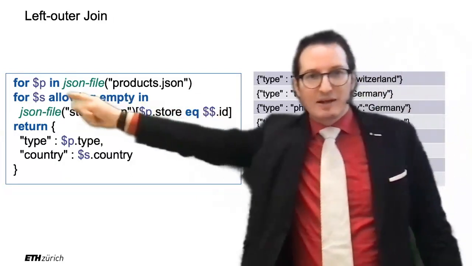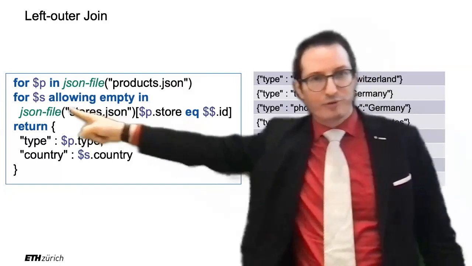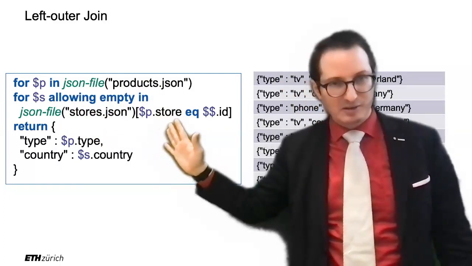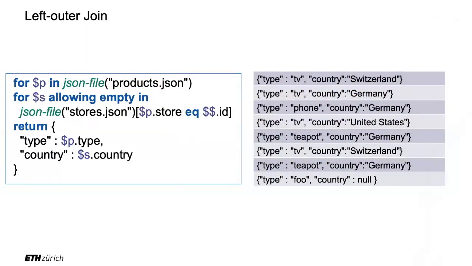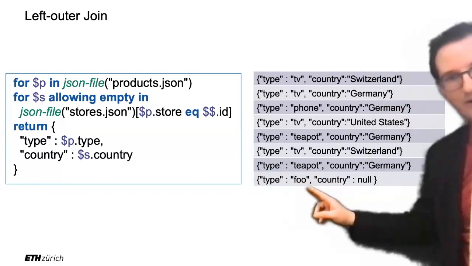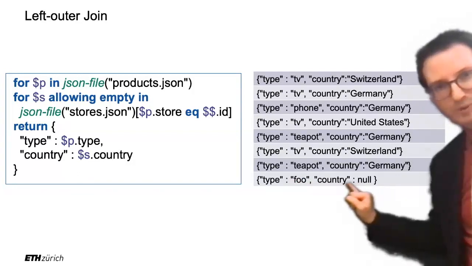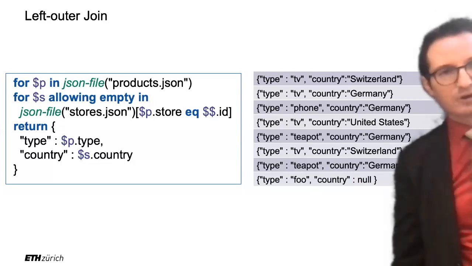So the way you do it is you add this allowing empty in here, and it's just going to create an empty value for $S instead of just skipping it as it would otherwise do. This is called a left outer join. This is how you do them in JSONiq, right? So this is in order to allow for the case that you might have a mismatch, a lack of match on the other side. And that's what happened for this made-up product that I just called foo, assuming it is on one side, but there is no corresponding store on the other side. Okay, so this is a left outer join.